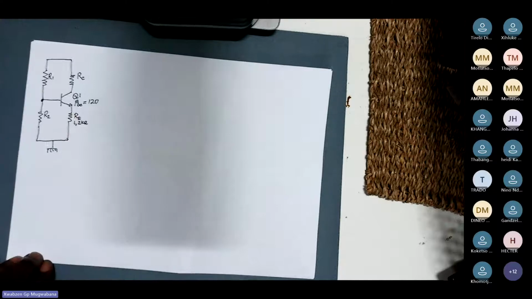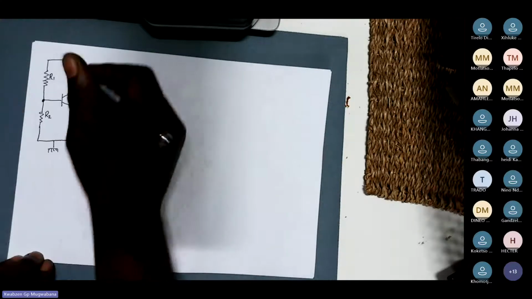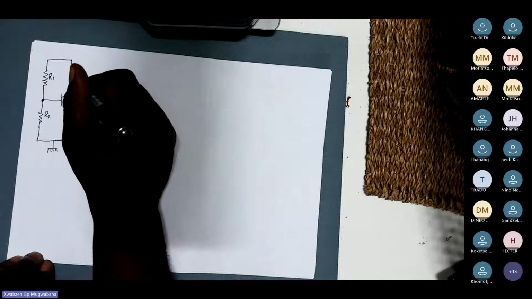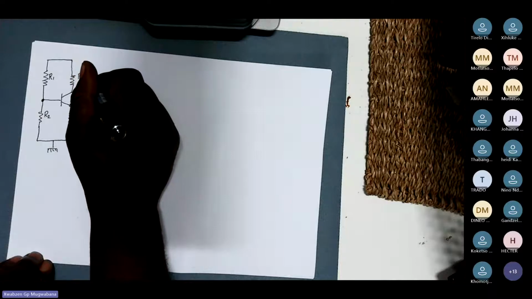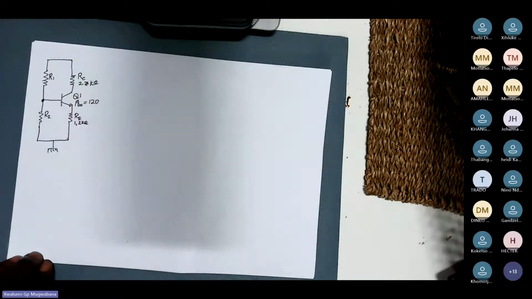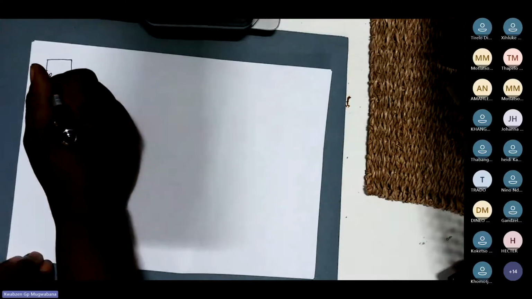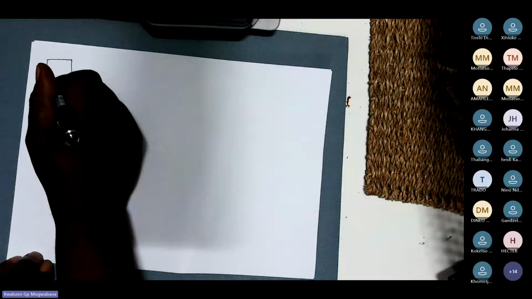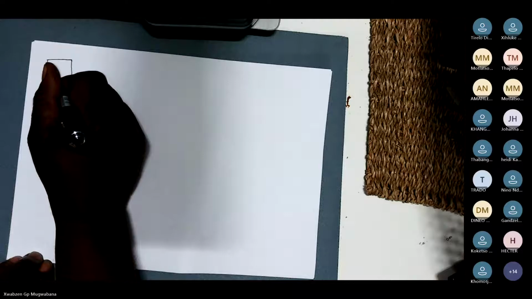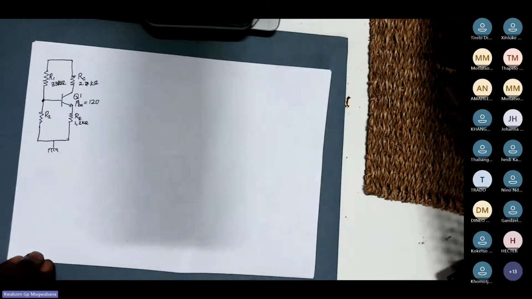I hope this circuit of ours will work. And then our RC, let's say, is given as 2,7 kilo ohms. And then here, for example, is given as 333 kilo ohms. I hope you're following this.